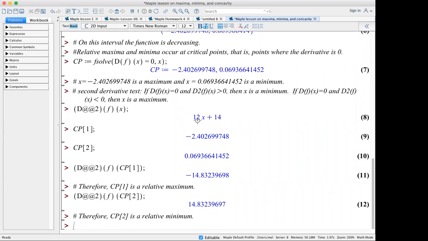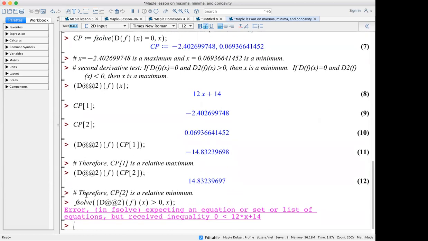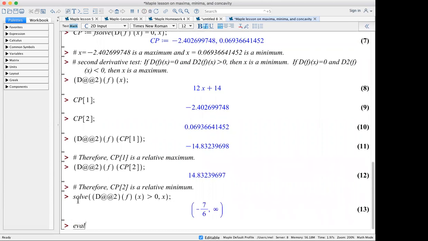What about concavity? So let's solve the equation. When is the second derivative of f of x greater than 0? Minus 7/6 to infinity. Let's convert that to a decimal.